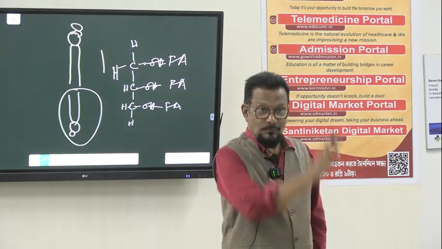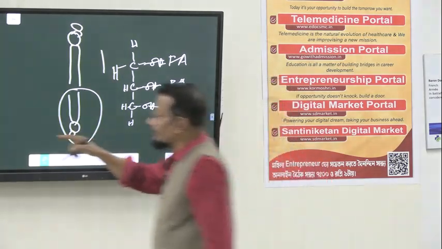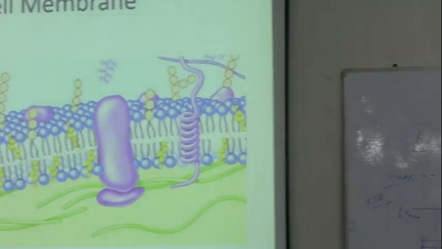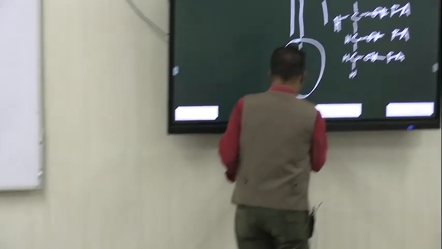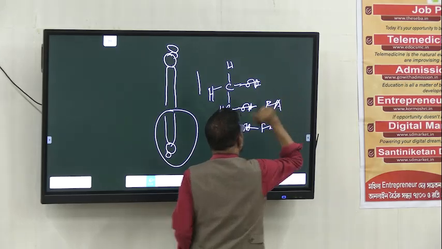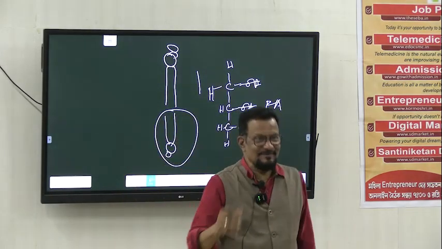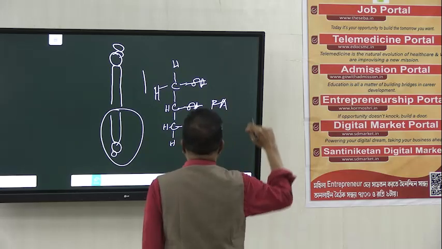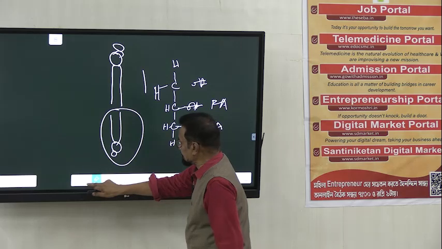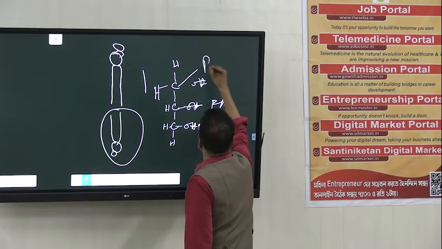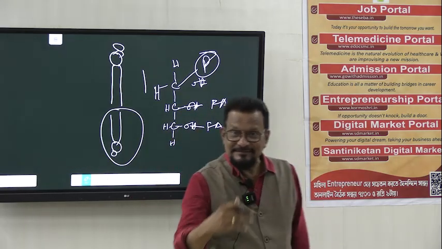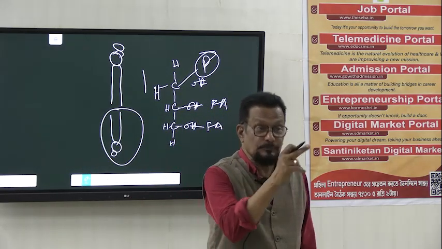Let us see how this is formed. With one fatty acid missing, now it is diglyceride. And this group may combine with phosphoric acid. Now it is phospholipid.